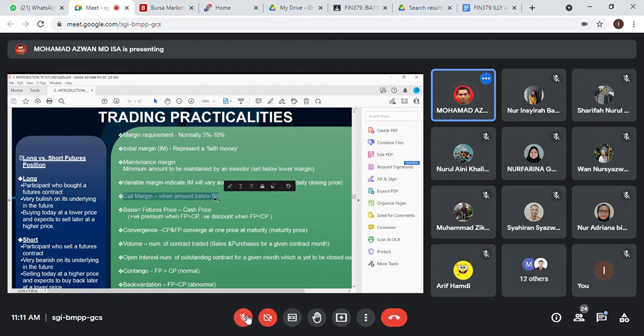This is when the amount is below maintenance margin. Jawab betul kan kat sini? Jawab dekat call margin tu. Okay, tukar ni bukan insurance margin, ini maintenance margin. Tukar MM. Okay tak? Faham tak?